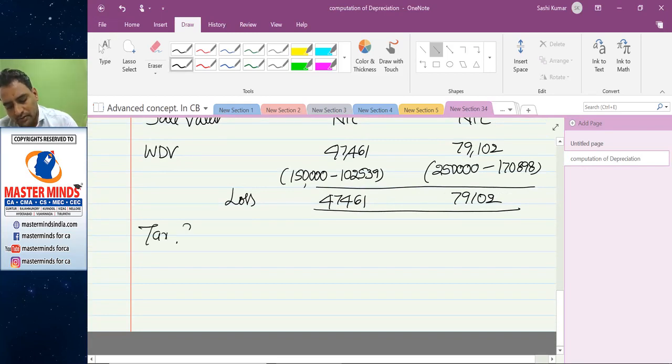So this loss will be set off against last year's profit. So in last year, you could have a capital loss benefit of 47,461 into 35%, 16,611.